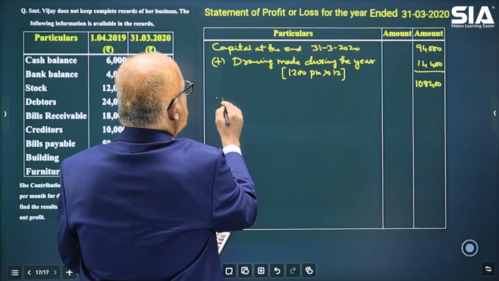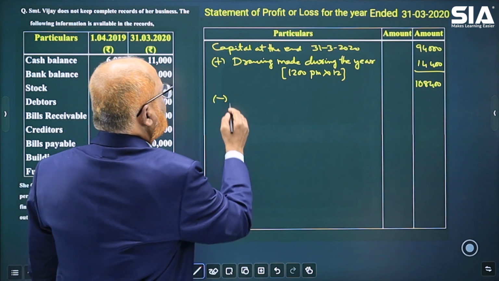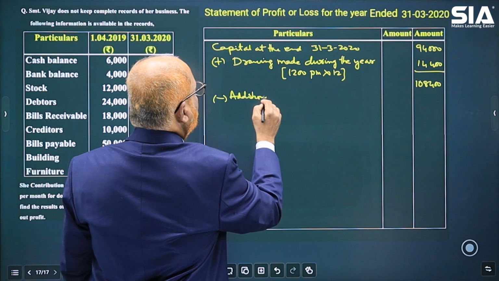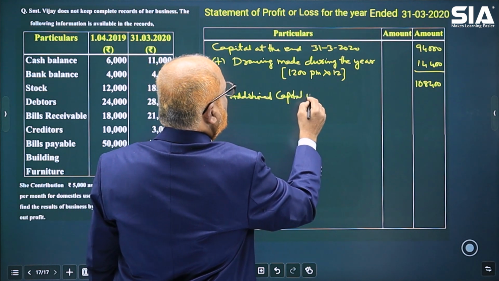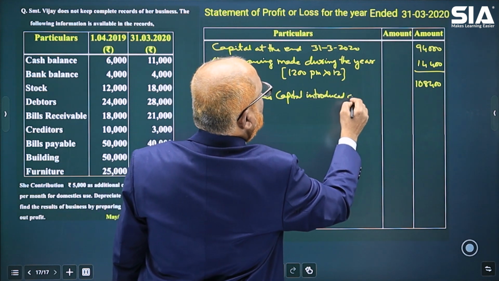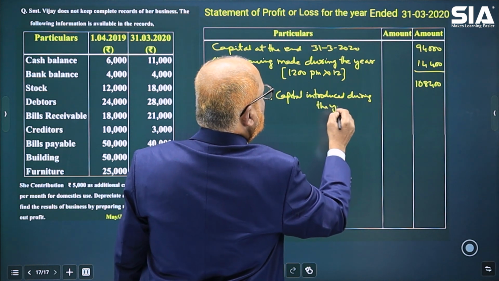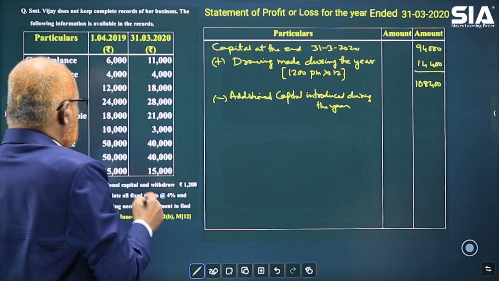From this, we subtract additional capital introduced during the year. It is given in the problem. She contributes 5,000 as additional capital.